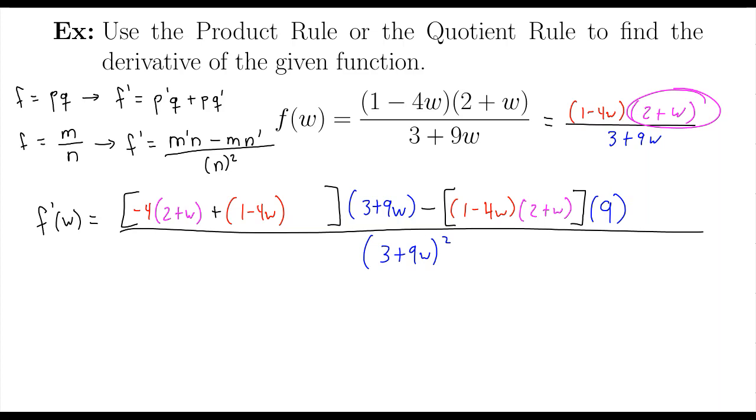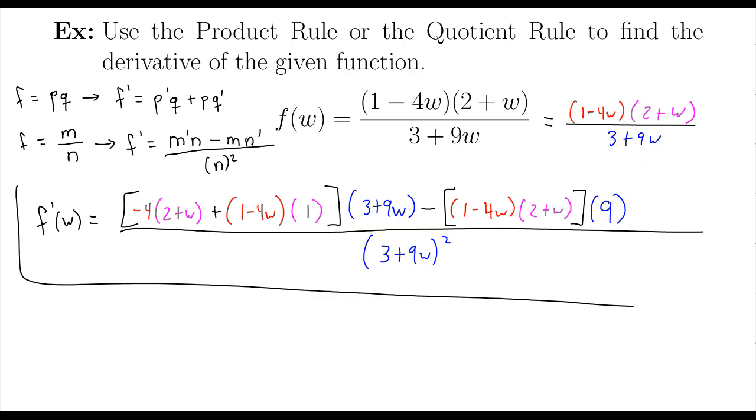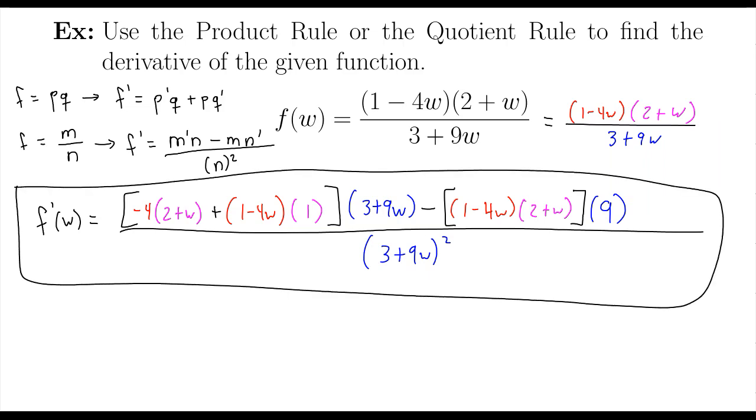The derivative of 2 plus w, that's 2 plus 1w, is 1. And then we can simplify that if we want to, but for the time being, this is perfectly good enough.